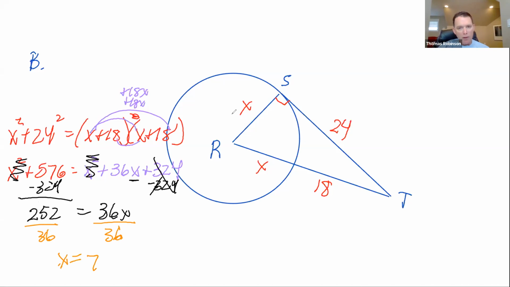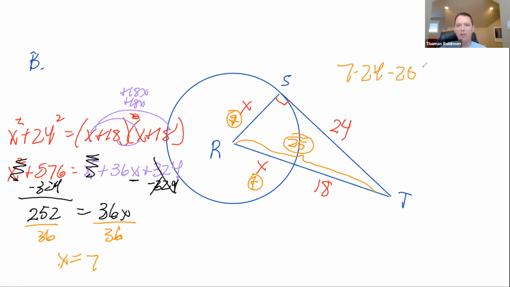So to be clear, this number is 7, but the whole hypotenuse here is 25, because 18 plus 7 makes 25. And curiously enough, this makes a Pythagorean triple: 7, 24, 25.